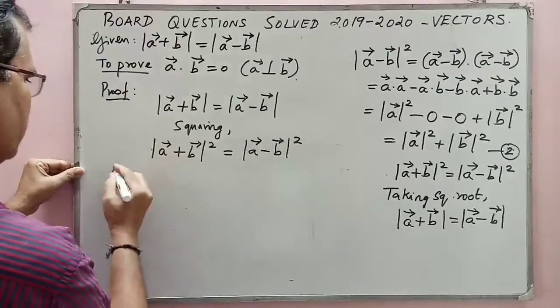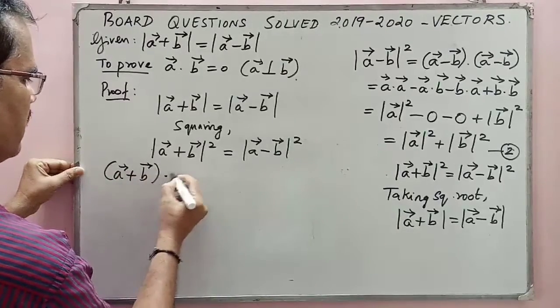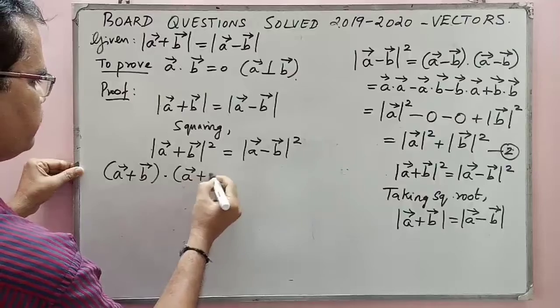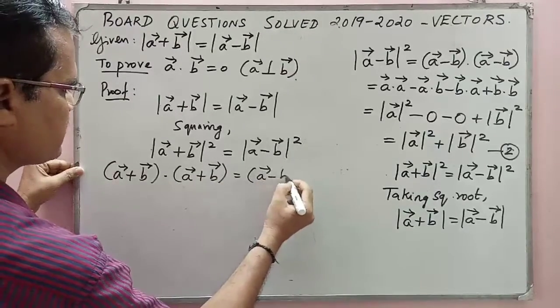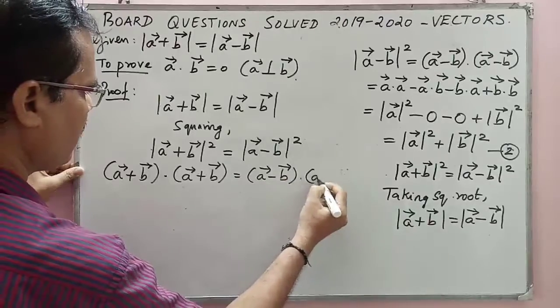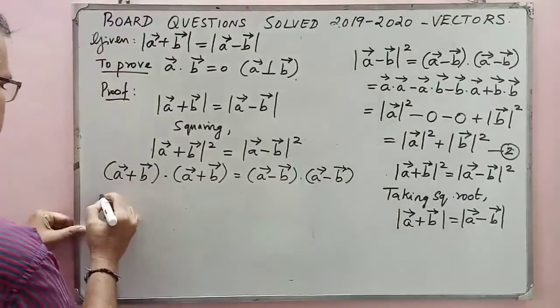Now according to that formula which I showed at first, dot, similarly this side A vector minus B vector dot A vector minus B vector. Now let us do the multiplication.